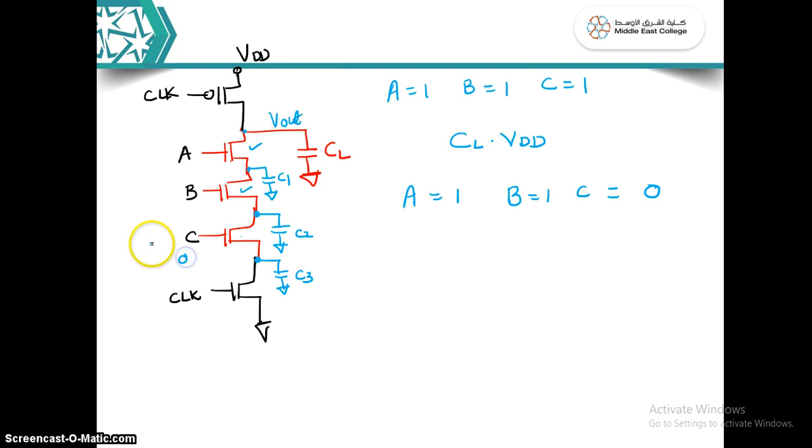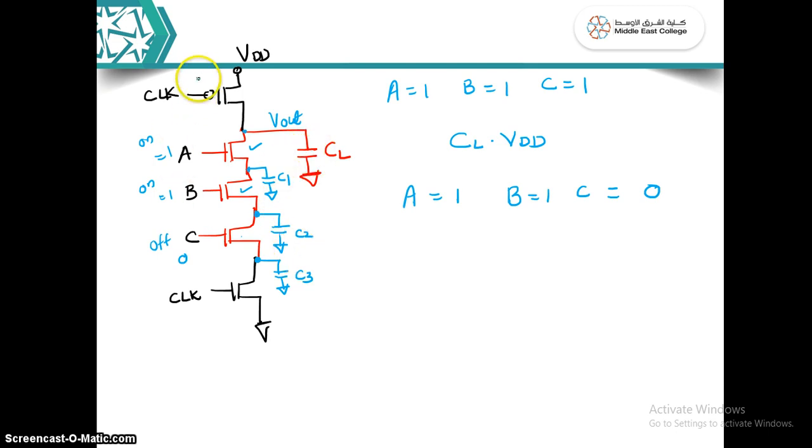So these two transistors are on and this one is off. Then the charge already accumulated in CL will be redistributed across C1 and C2, because C3 is off, which means there is no effect from C3.